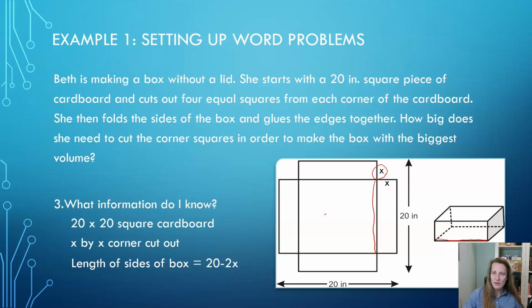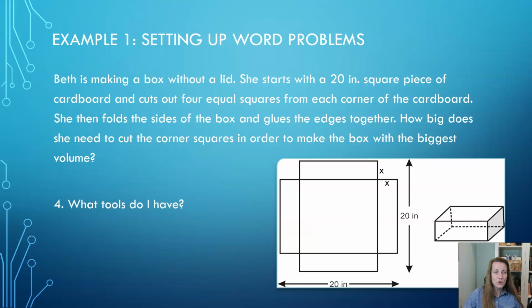So that's going to be my whole 20 inches, but I have to take off this piece and this piece. So I have to take off 2 of those X's. So I know that the length is 20 minus 2X, and that's going to work for the length and the width because they are the same. It's a square box.